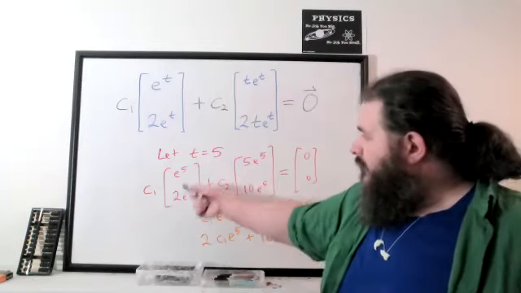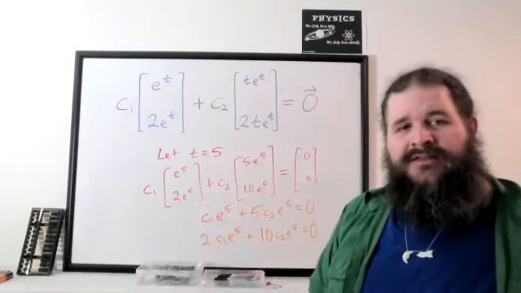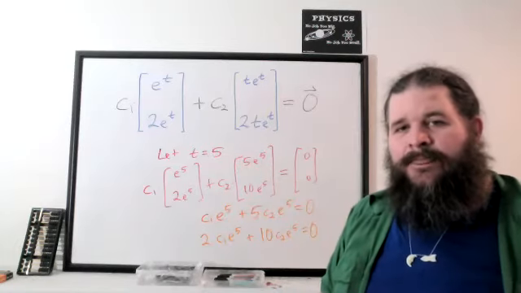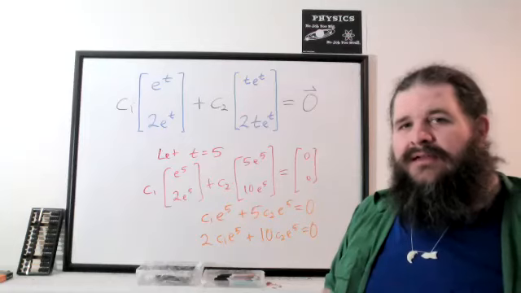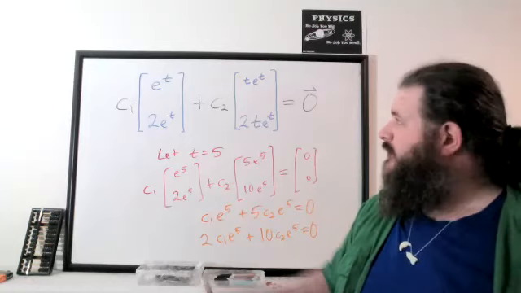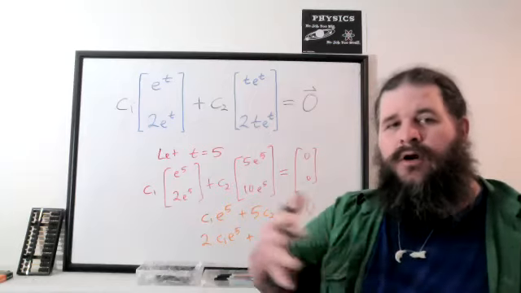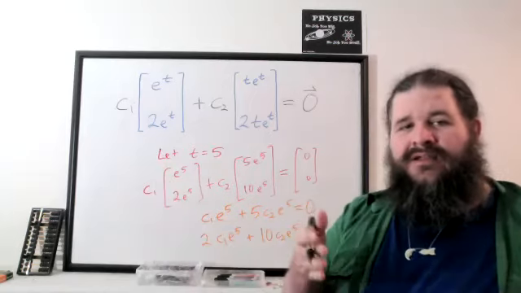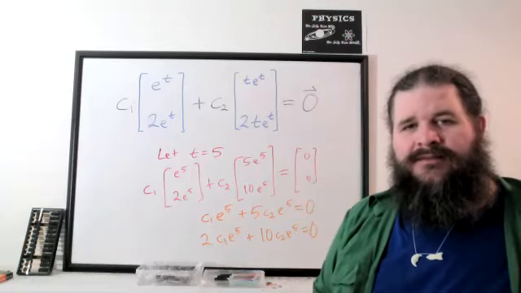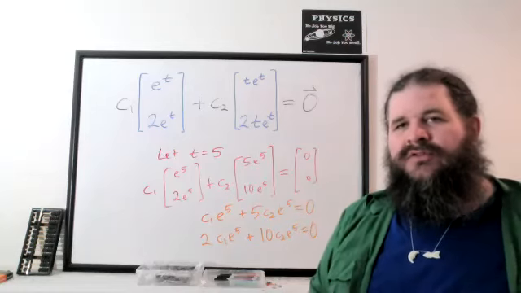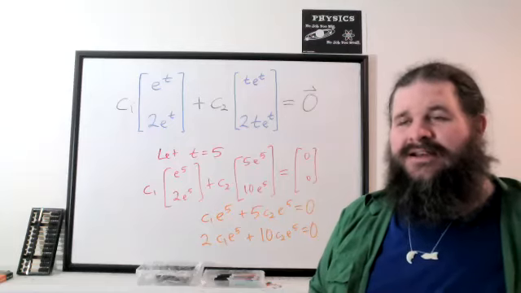So as constant vectors, if you choose a constant value for t, then these vectors are linearly dependent. But if you treat t as a variable, if you treat these as functions, they are linearly independent for all t values, but at any single t value, they become linearly dependent. So there are sort of different levels of linear independence here.